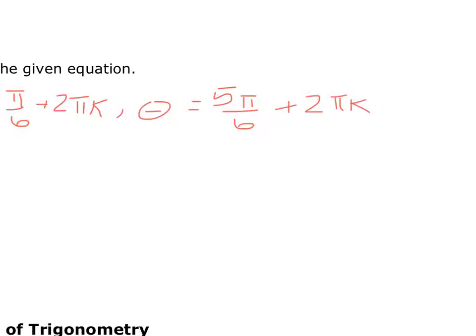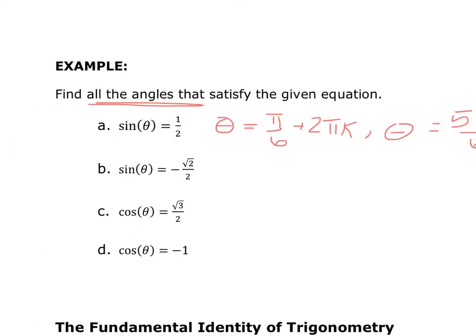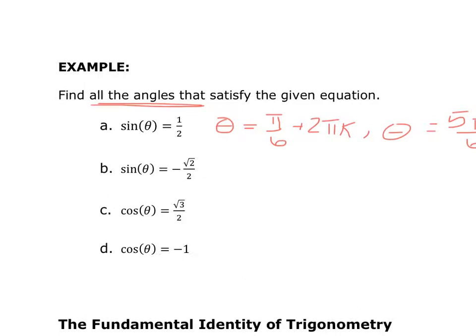That's why it's really important that you're looking to find all the angles that satisfy it. Those are your answers. Now, if it had said I want all the angles that satisfy it in an interval, then that's going to give me a different answer. Then I'm just looking for specific angles in one rotation.